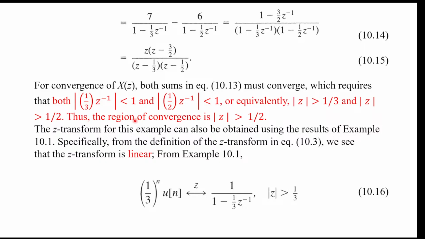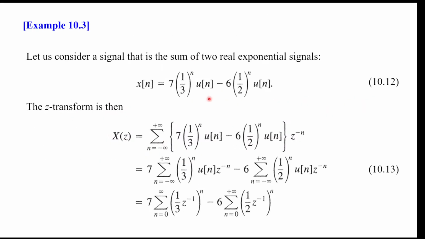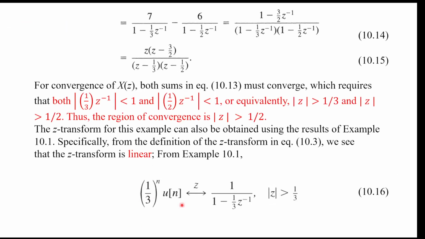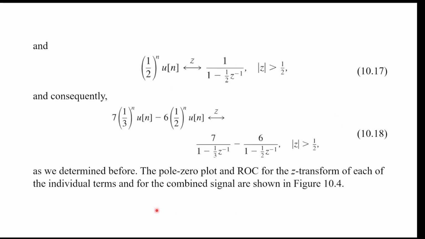We can also do this by just using the linearity of the z-transform. We have seen that both of those exponential decays are a special case of example 10.1. So this will transform to 1 over 1 minus a z to the minus 1, where a is 1/3, and this transforms to 1 over 1 minus 1/2 z to the minus 1, where a is 1/2.